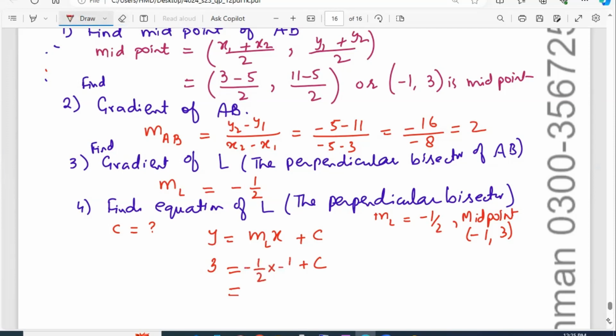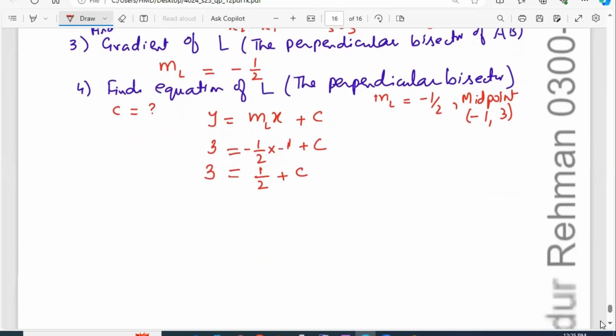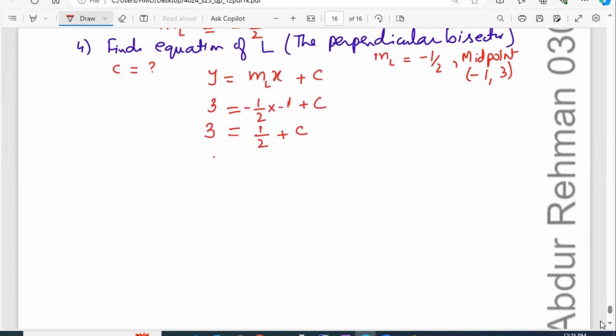So 1 over 2 plus c equals 3. c equals 3 minus 1 over 2, which is equal to 5 over 2. So we have c as 5 over 2.